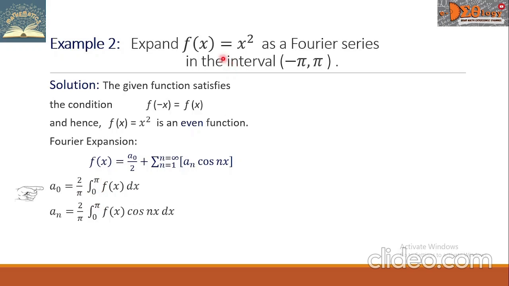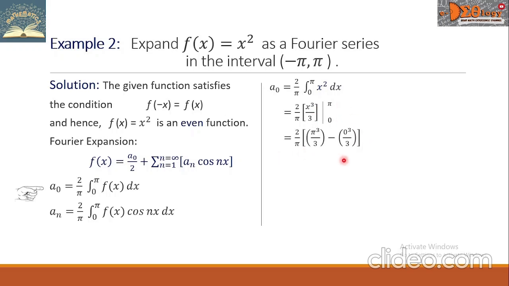With our given f of x equals x squared, we will substitute the value for the f of x. We have now here x squared. Let us now integrate. The integral of x squared is x cubed over 3. Then we evaluate this with the limits from 0 to pi.